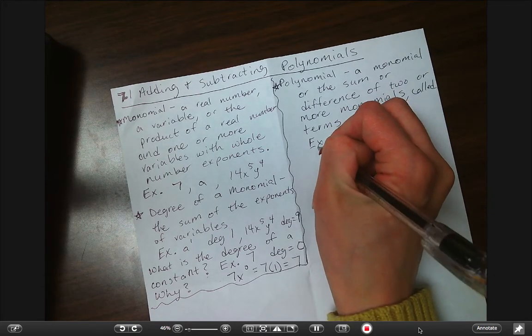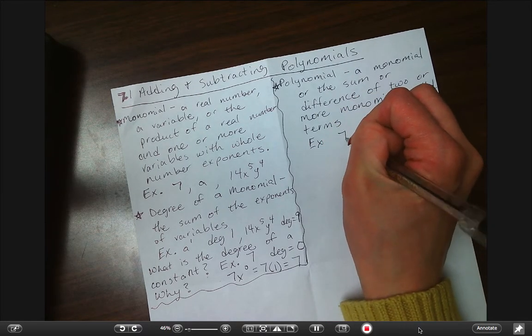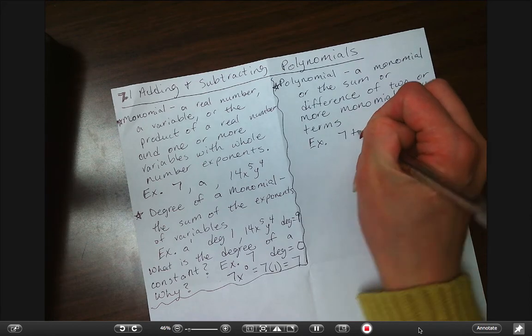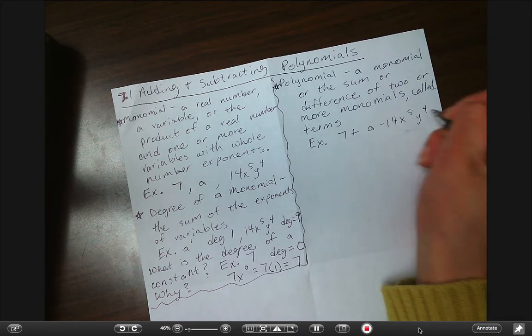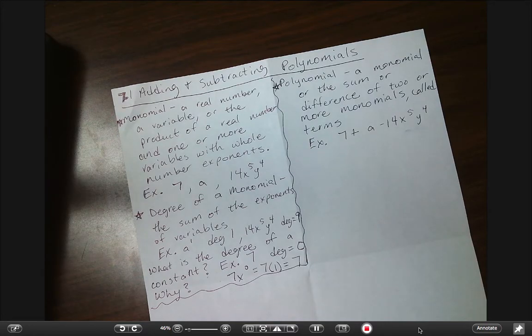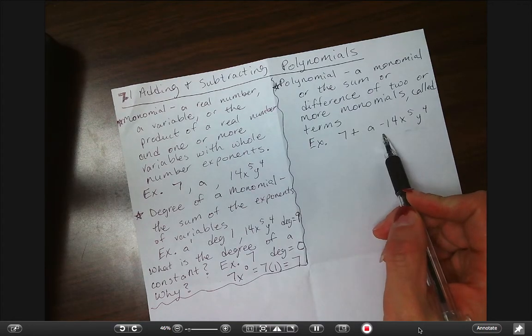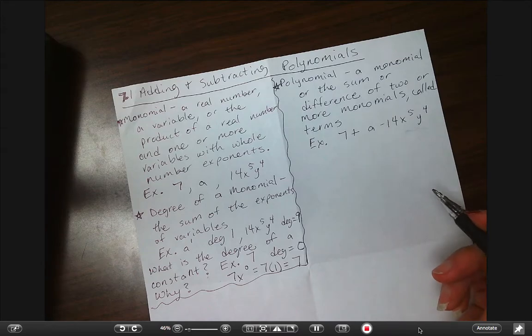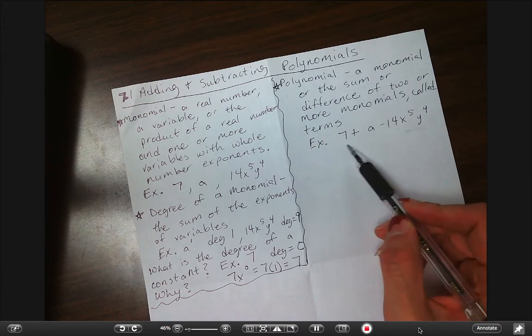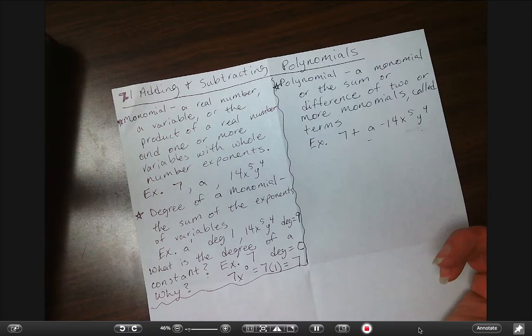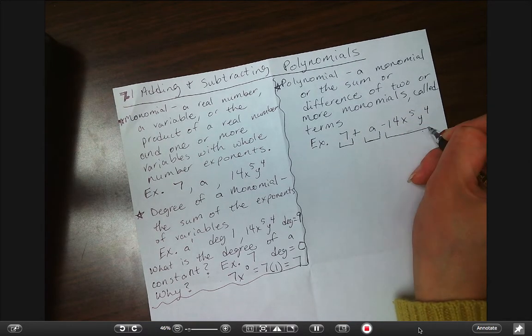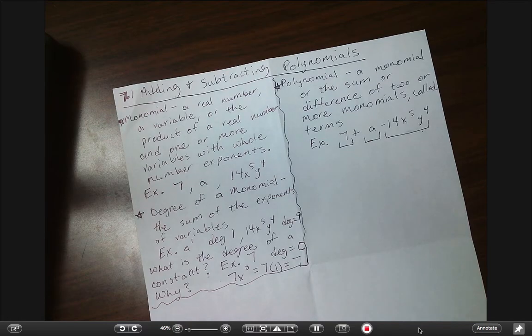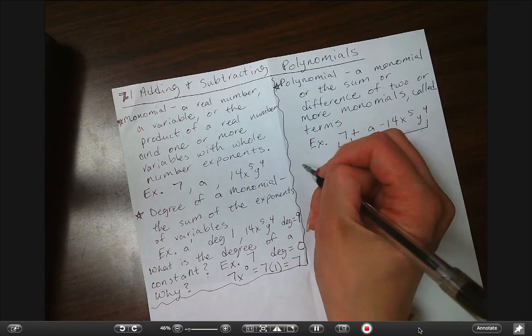For example, 7 plus a minus 14x to the 5th y to the 4th. Those monomials we talked about before. If we put a plus or a minus sign between them, that separates them. Together, they are a polynomial, but separately, you have 1, 2, 3 terms, separated by sum and difference.